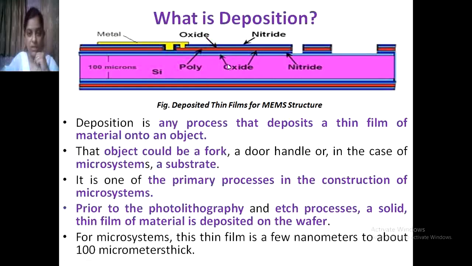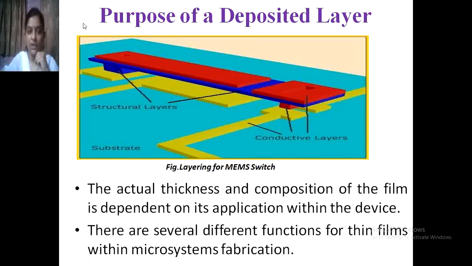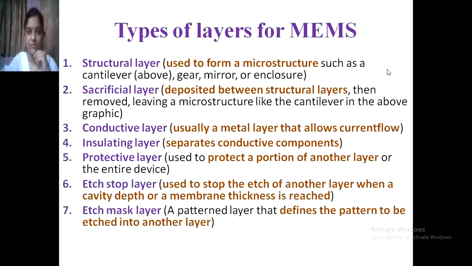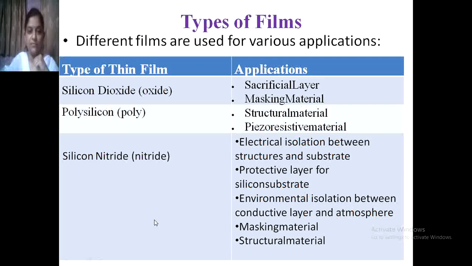Then we saw what deposition is, the purpose of a deposited layer, and the types of layers used in MEMS fabrication: structural layer, sacrificial layer, conductive layer, insulating layer, protective layer, etch stop layer, and mask layer. Then we saw the types of films.